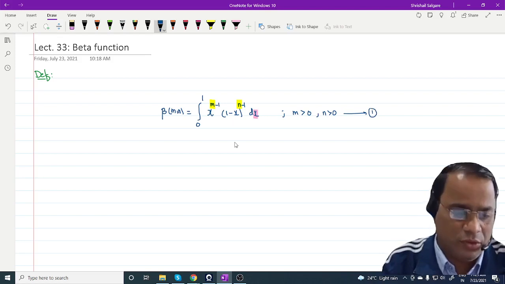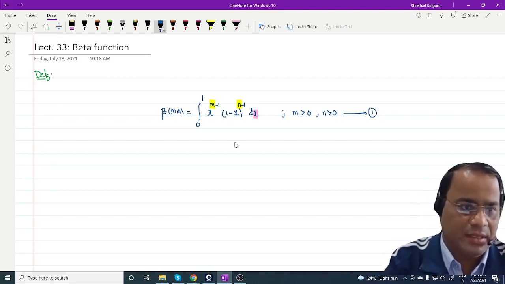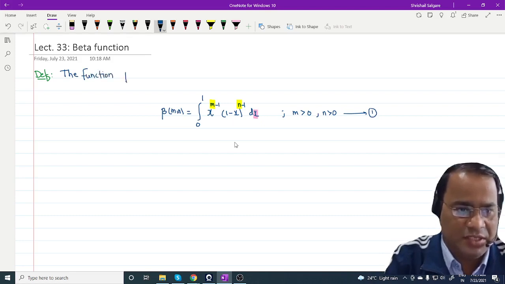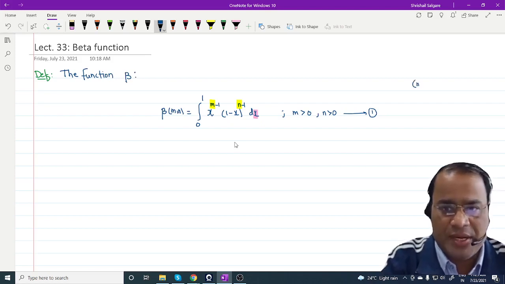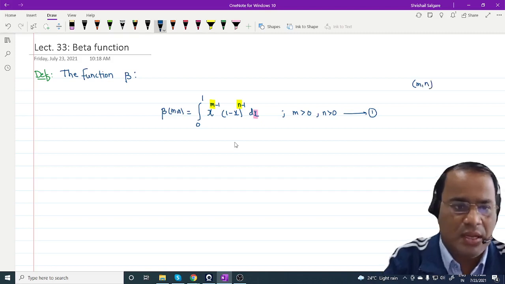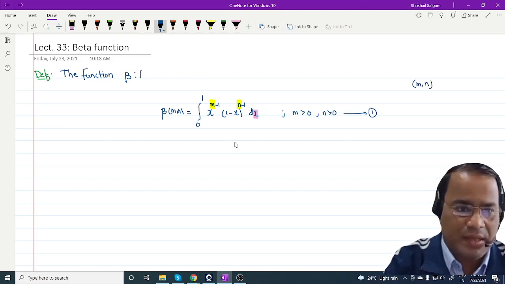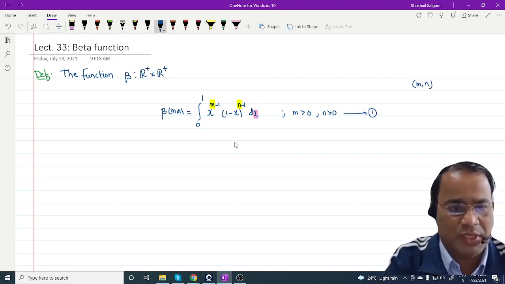Suppose I want to write a complete definition: this defines a function, and the function is denoted by the beta notation. What is its domain? Its domain is an ordered pair, one is m, the second is n, and the ordered pair is given by the cross product of R plus and R plus, meaning these are the positive real numbers.